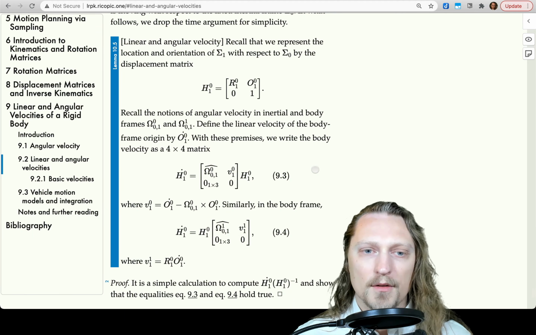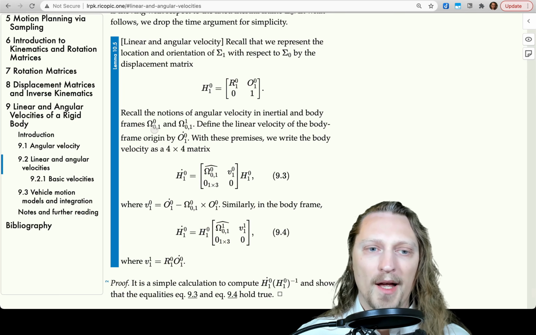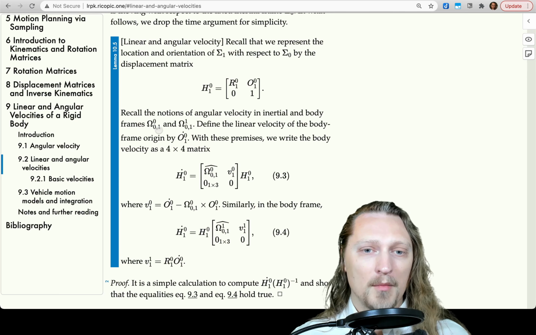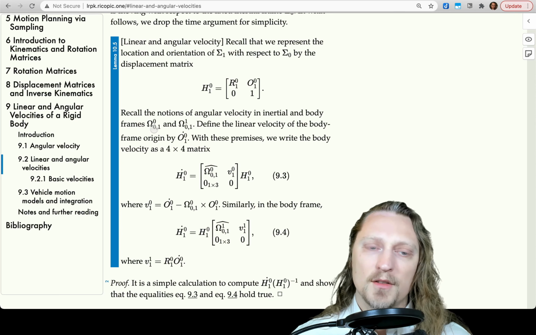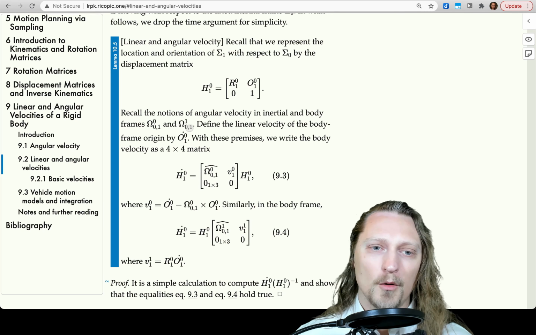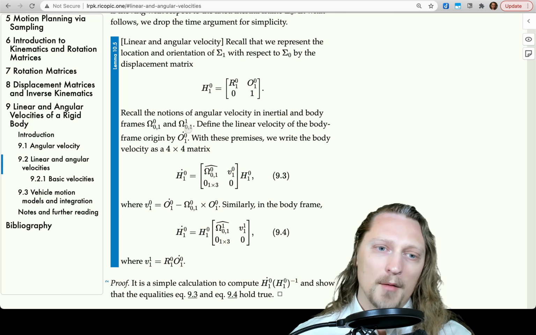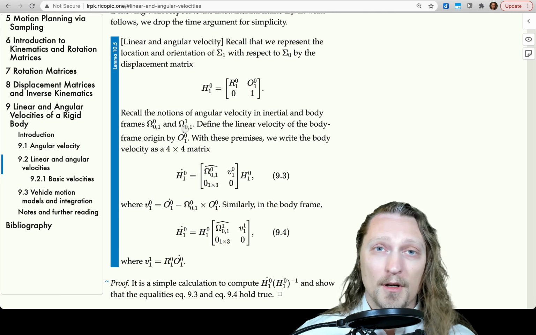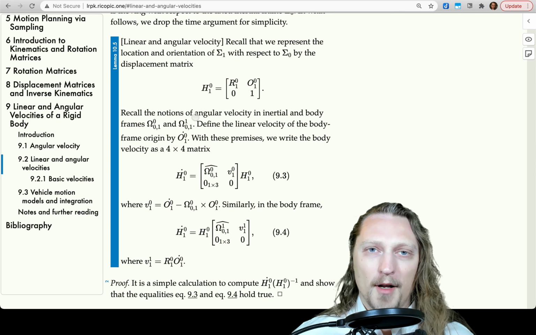Recall the notions of angular velocity in inertial and body frames: omega 010, which means the angular velocity of reference frame 1 with respect to reference frame 0, written in the 0 reference frame, and omega 011, which is again frame 1 with respect to frame 0, expressed now in the 1 reference frame.